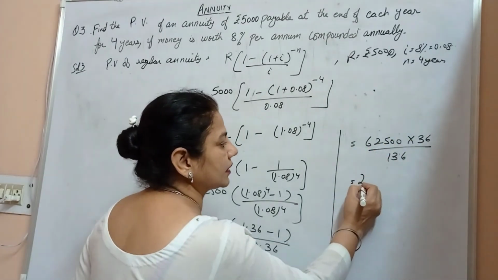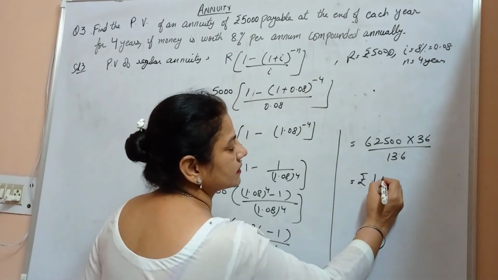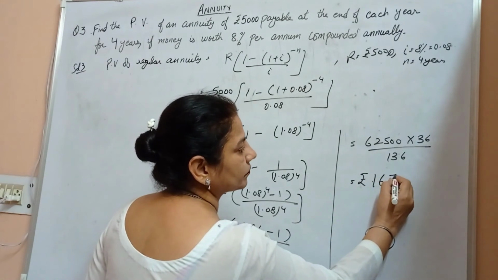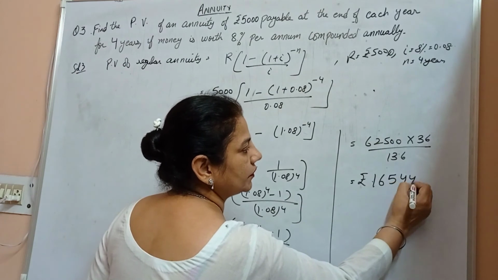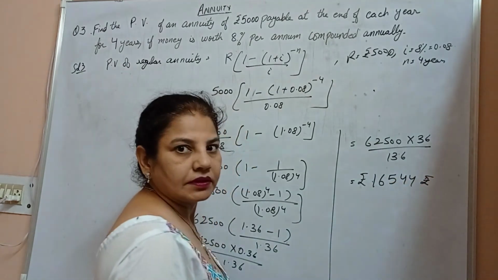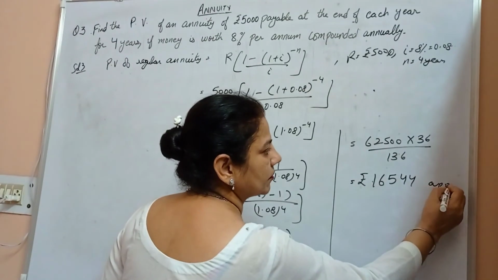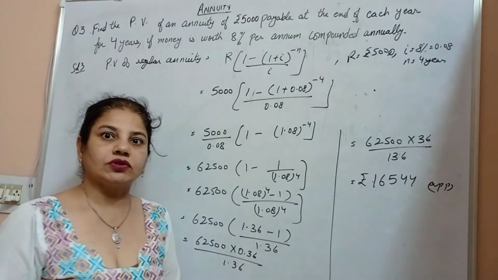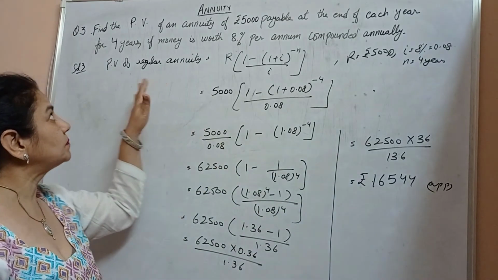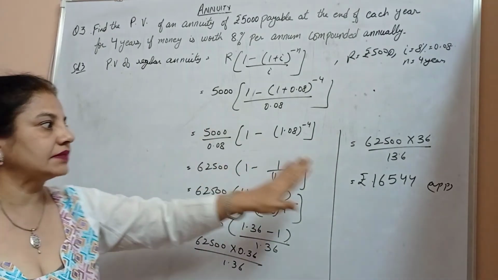You will get approximately 16,544 rupees. So the present value of this particular problem is 16,544 rupees.